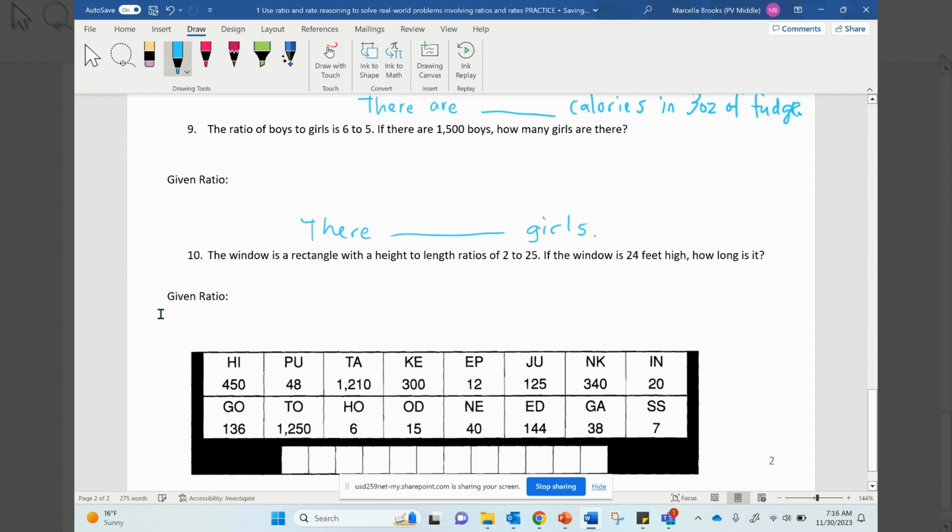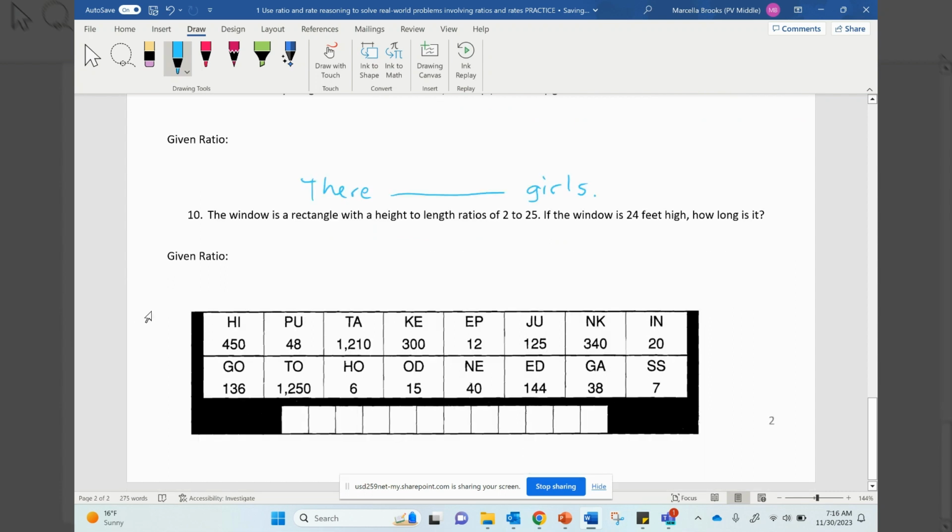And then number 10 says the window is a rectangle with a height to length ratio of 2 to 25. If a window is 24 feet high, how long is it? So height to length, so 2 is the height, 25 is the length. We want to know if the height is 24, what is the length going to be?